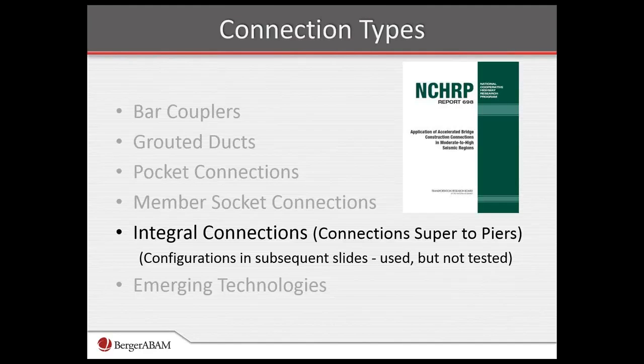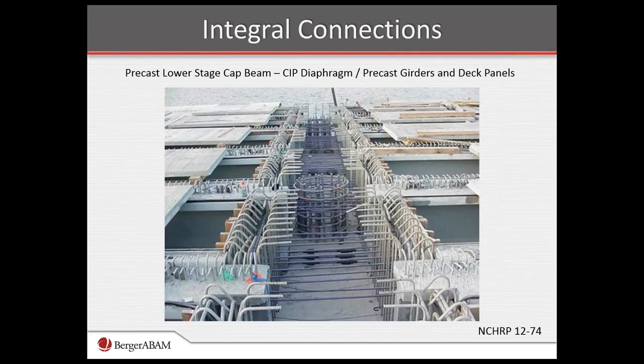So again, these have been deployed and conceptualized in design, but because of the size of these connections and the complexity and cost of testing longitudinally, there are only a handful of tests that have ever been done, on very specific, case-specific details with dapped ends and post-tensioning and that sort of thing across the interface. But a typical application is shown here.